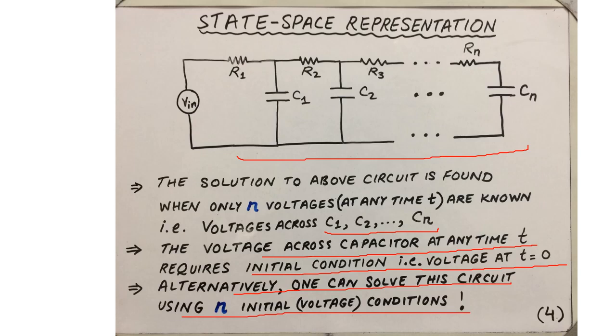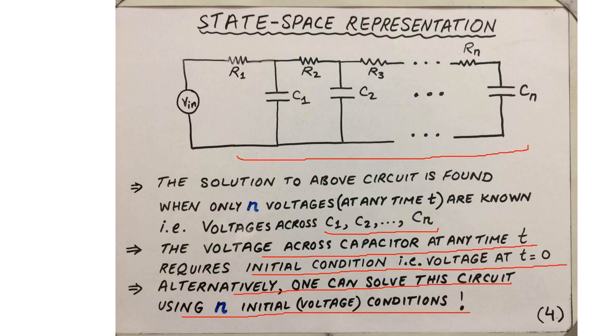So this goes back to our very first observation in which we said that either we know the voltages across the capacitors at any time t, in which case we can just apply KVL or KCL, or maybe just simple Ohm's law to find out the electrical quantities for the rest of the components, that is the resistances R1, R2, R3 to Rn.